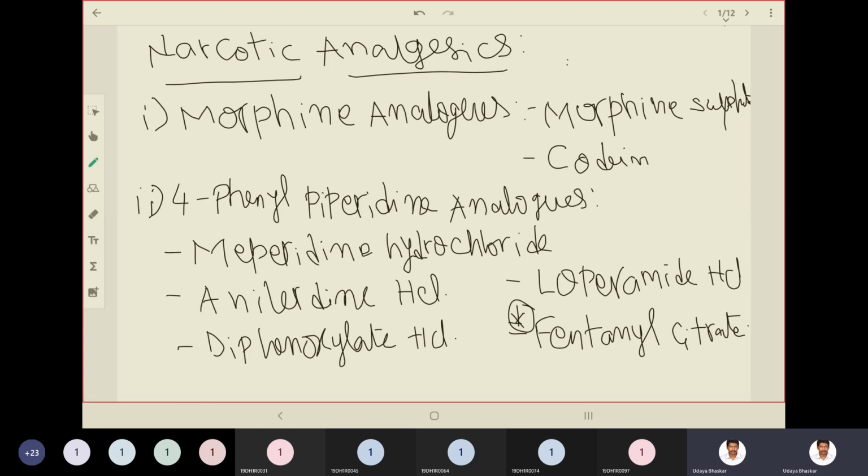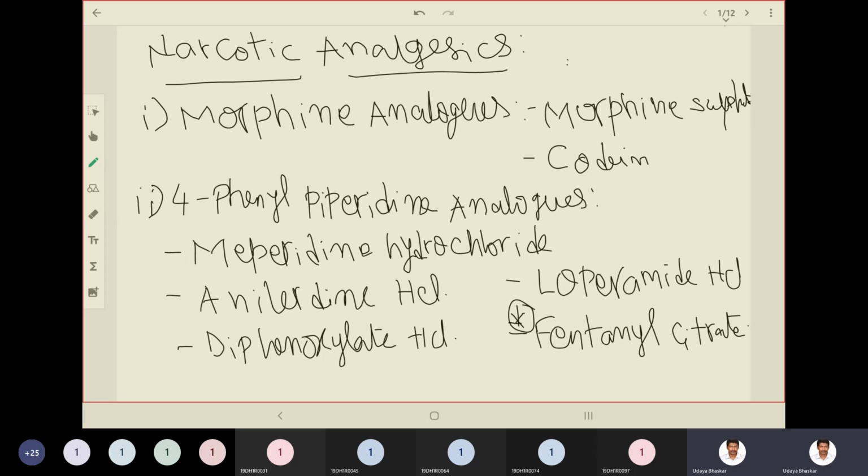And we saw the modifications, what changes they will cause, which one will retain the activity, which one will produce toxicity, and which modification would produce a more potent compound than morphine.